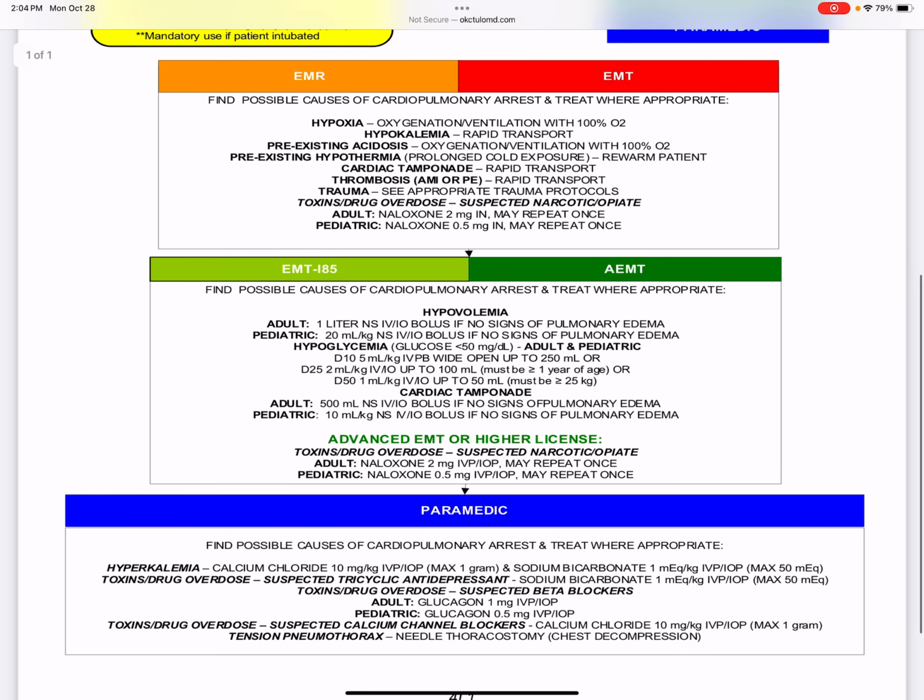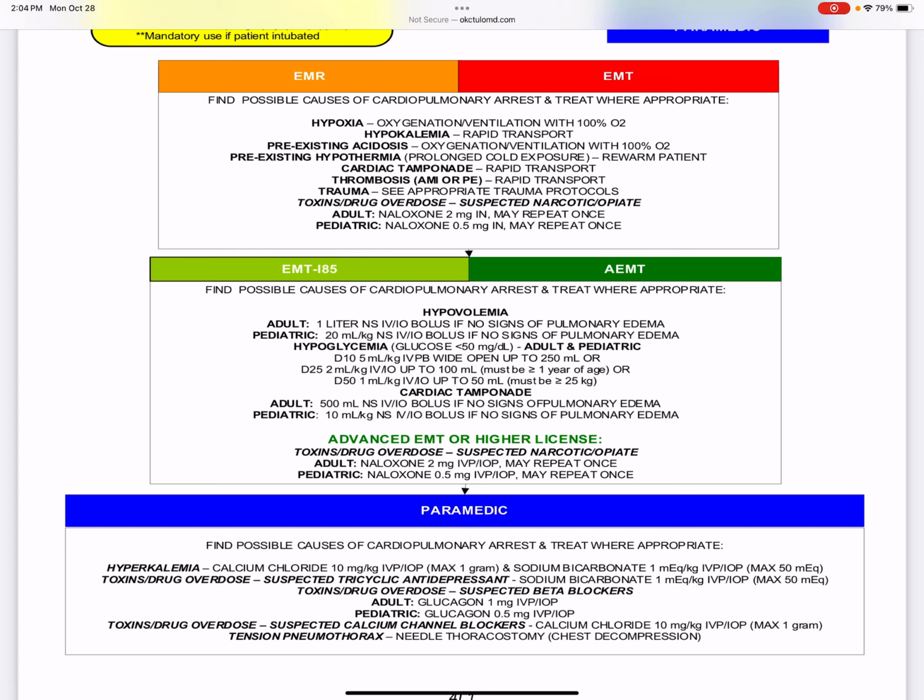Here it does say, I want to point this out, so everybody please pay attention. It says 2 milligrams IN may repeat once, and then pediatric it says 0.5 milligrams IN may repeat once. We, on the fire department side and the EMS side, try to not give it IN anymore.